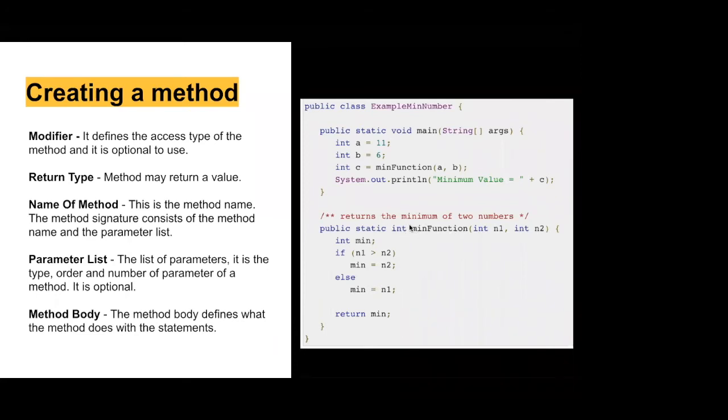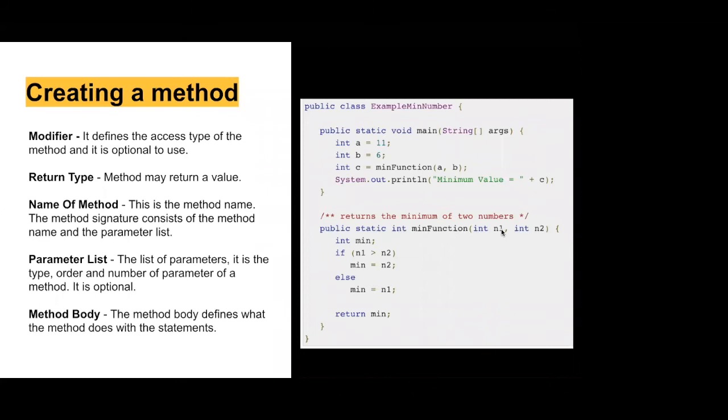The third part is the name of the method. In this case, it's meanFunction, and then the parameter list. In the parameters, we can have some variables to receive numbers or references, or we can have nothing. And we will see an example in the following slides as well.